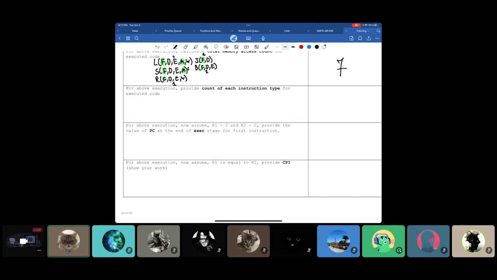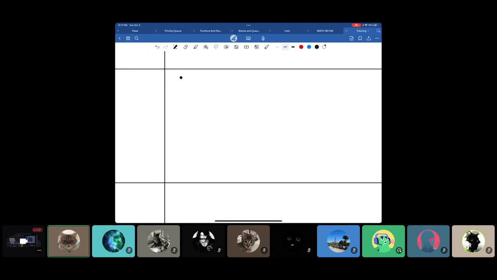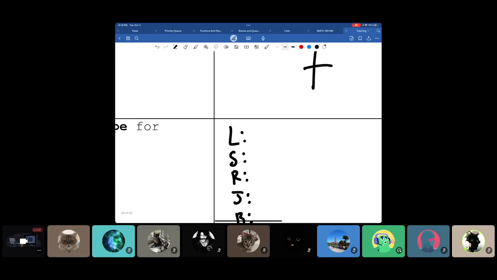Okay. And then from that, we say for above execution, provide the count of each instruction type, right? We're just saying we have 5 different instruction types. We have load, store, R, J, and branch, right?